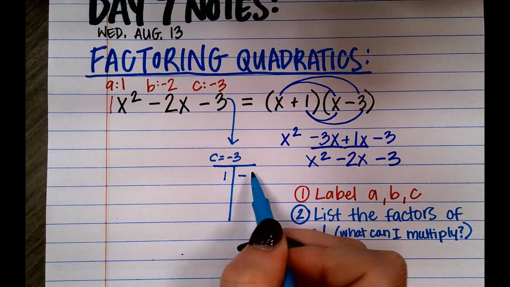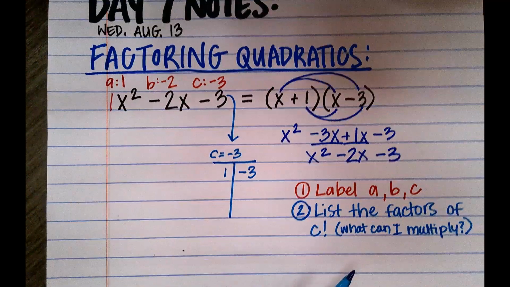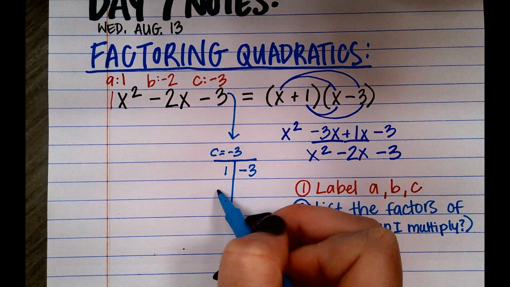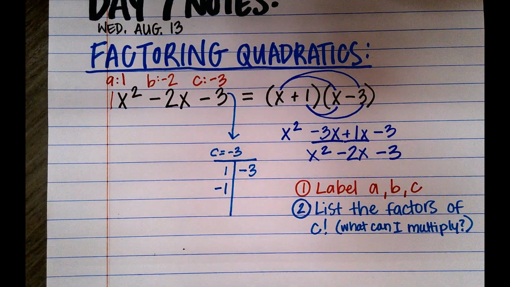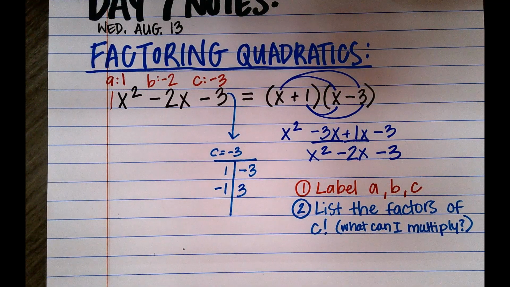Which you said at first. I could also do negative 1 times what? Positive 3. Negative 1 times positive 3 can make negative 3.